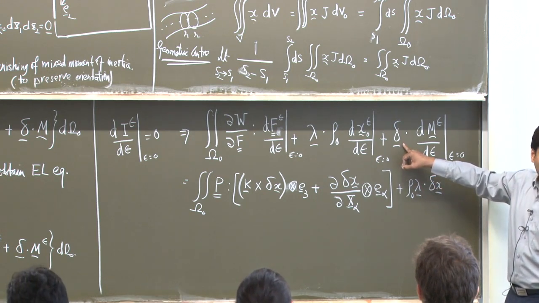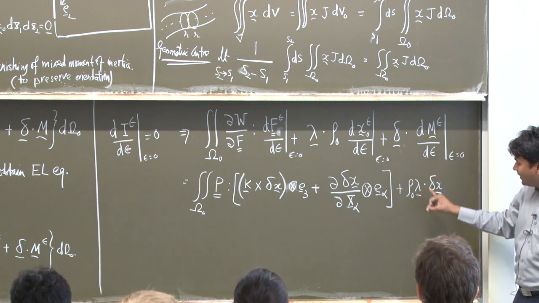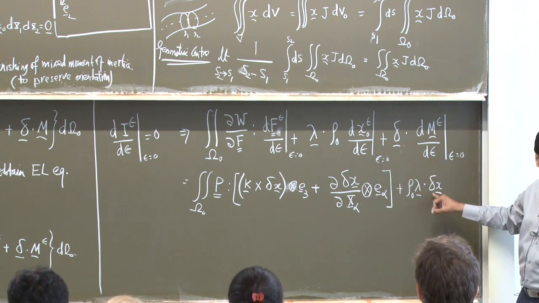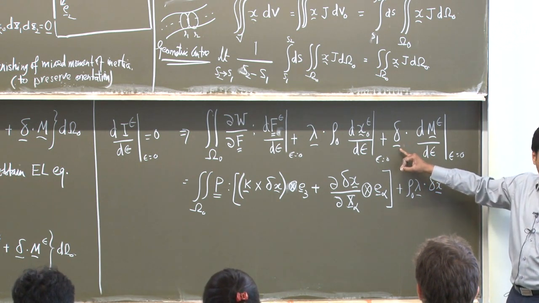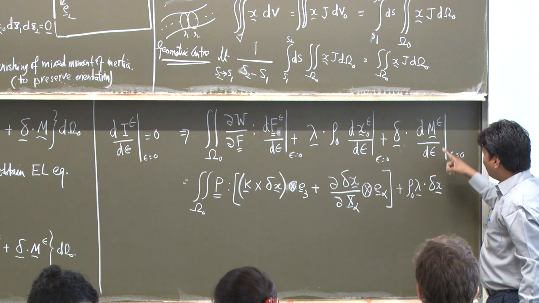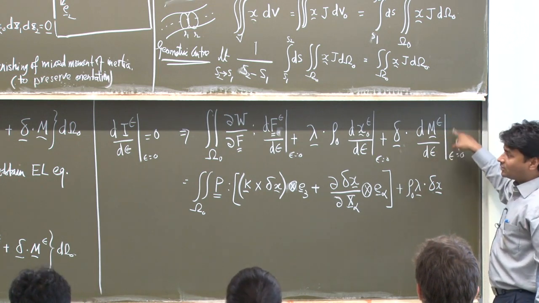Okay, so this is a vector delta, this is a scalar del, this is just a del, this is your Lagrange multiplier. So what does this become?